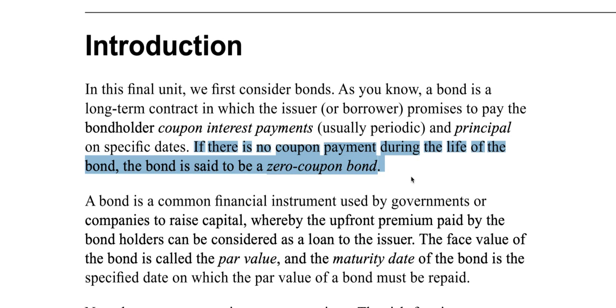Actually, we are quite interested in how to do the pricing of bonds. If you have referred to the videos we have done many times, most financial products are contracts.